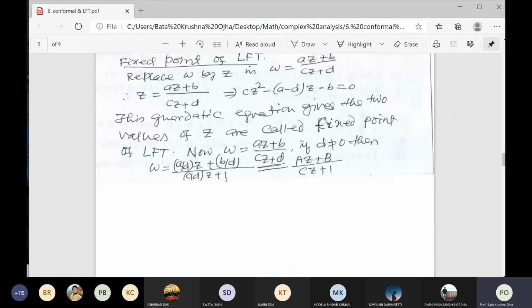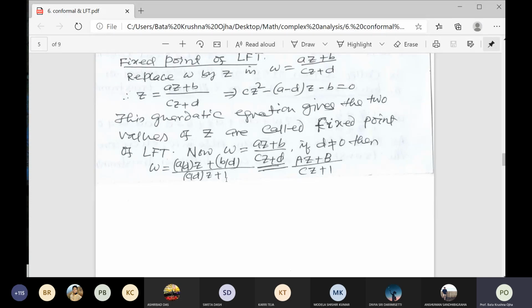If C is not equal to 0, if you divide the equation by C, you will find A by C x plus B by C y plus 1 is equal to 0. So A by C is a constant, B by C is also a constant. Therefore, it has only two constants, not three. Here A, B, C, D, I have told you, are constants, real or complex.